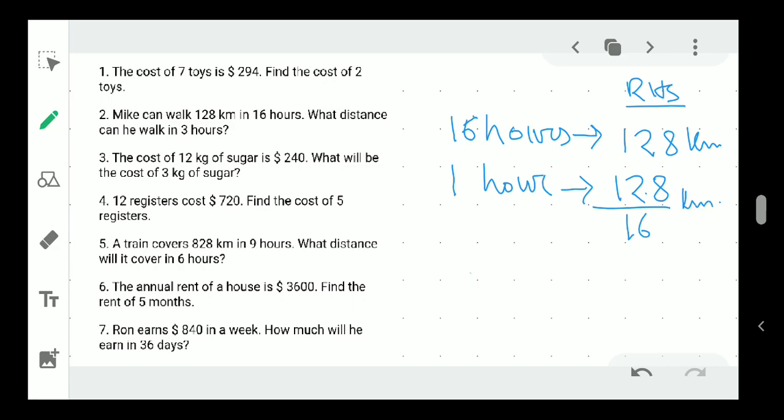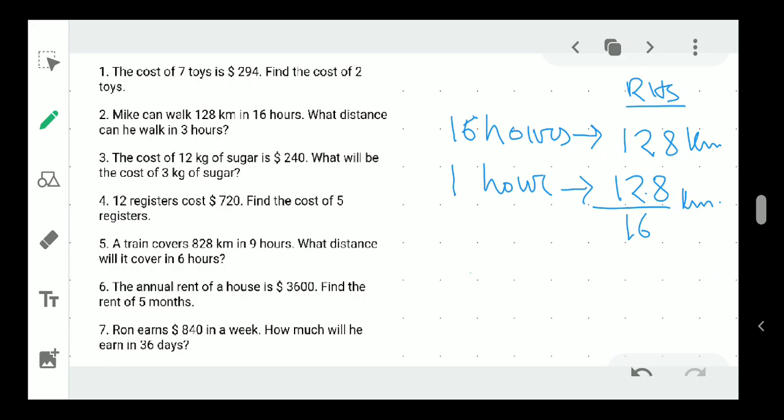Acha, one more thing, whatever math we are doing, we are trying to see the proportionality. See, in this case also, if you increase the time your distance will increase. That means the more time you take, your distance will increase.